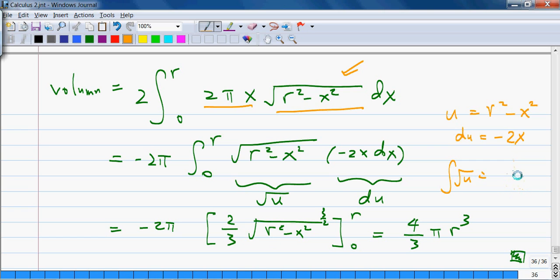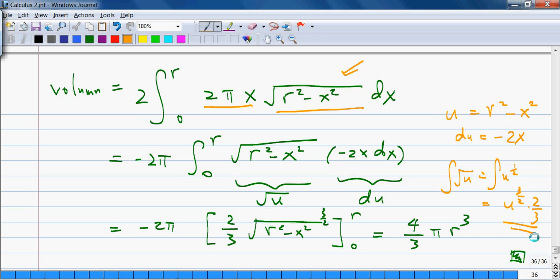When we are integrating this, we get the integral of square root of u... that's actually wrong, I'm sorry. The integral of square root of u is the integral of u to the power of one half. So it's actually u to the power 3 over 2, multiplied by the reciprocal, so it's 2 over 3.